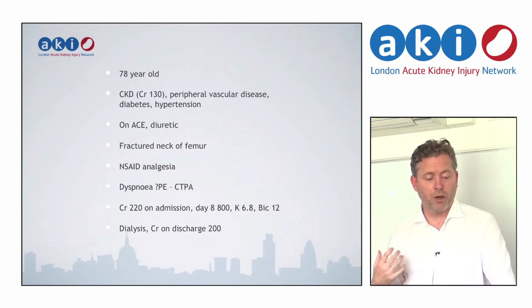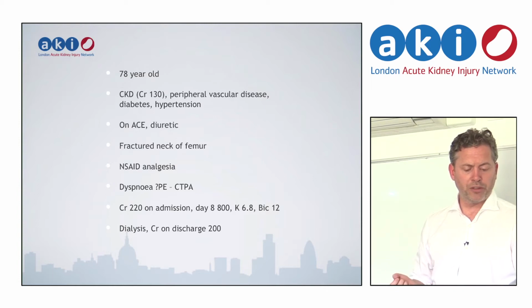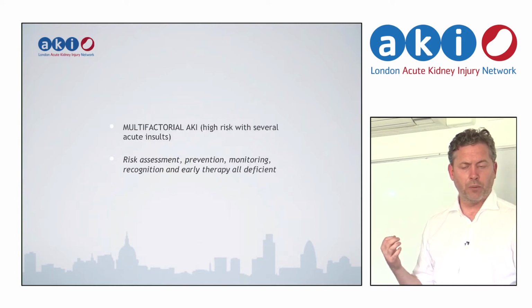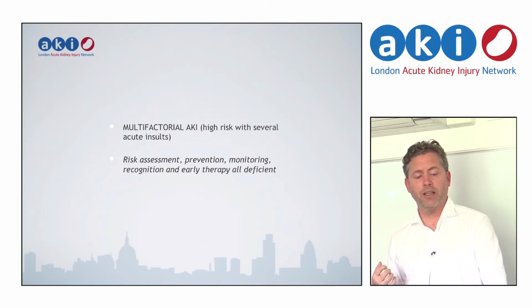So this patient required dialysis, and their creatinine on discharge was significantly higher than on admission, suggesting that they were likely to have lost kidney function long term as a consequence of the AKI on CKD they suffered.